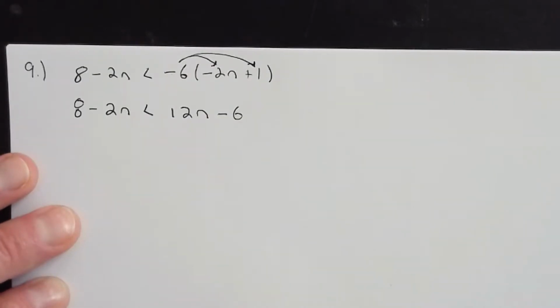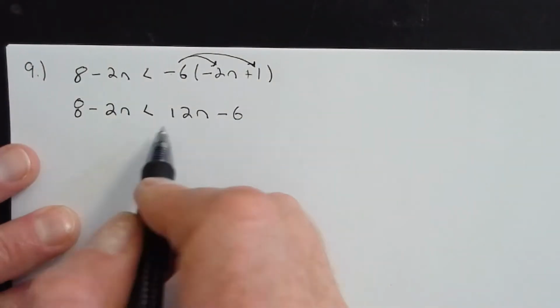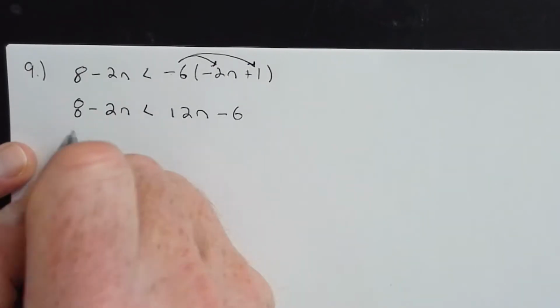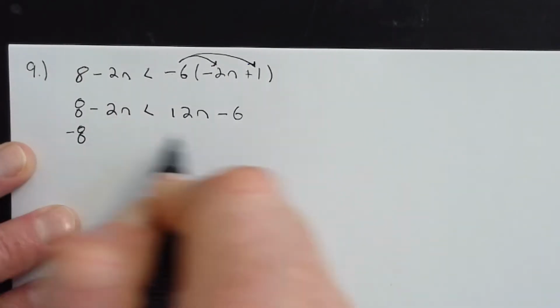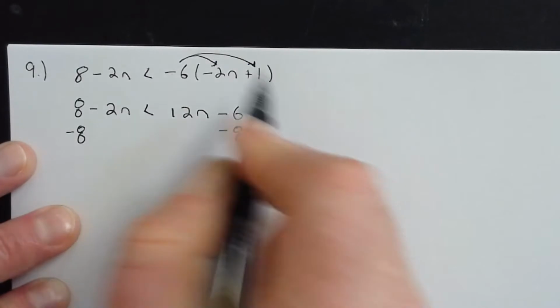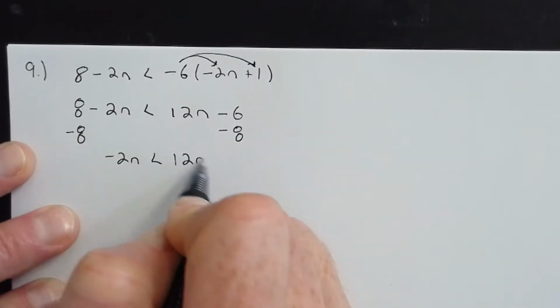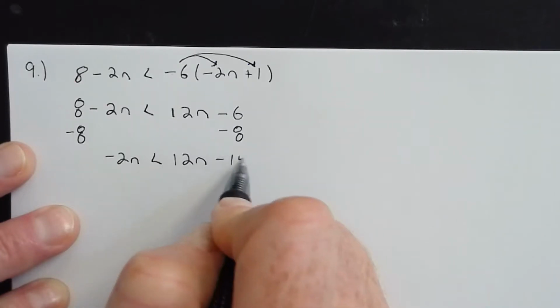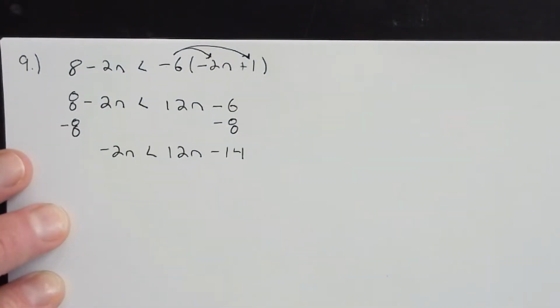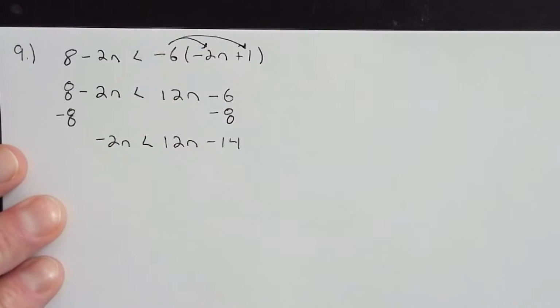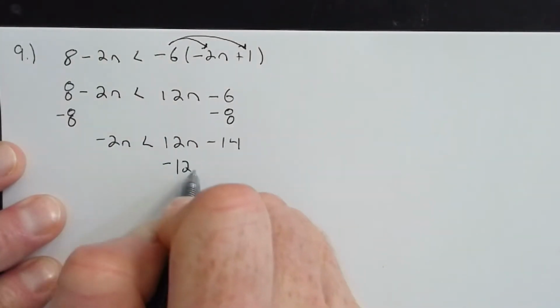And now we're just combining like terms. And so I'm going to subtract 8 from this side and this side. Subtract 12n from this side.